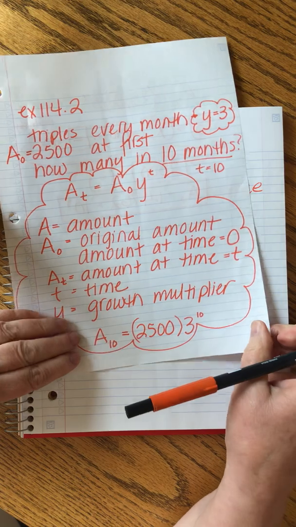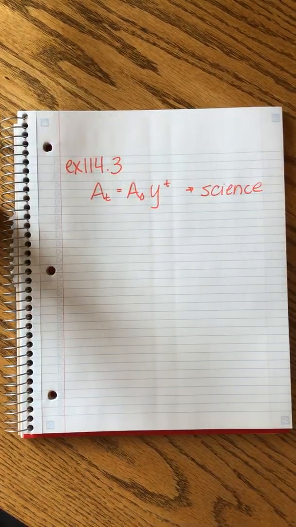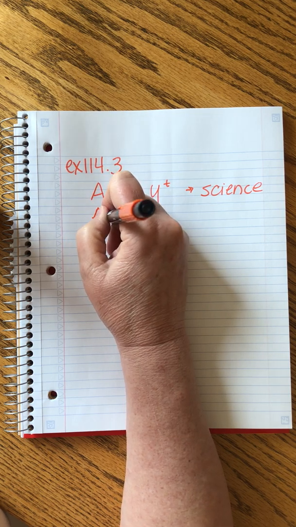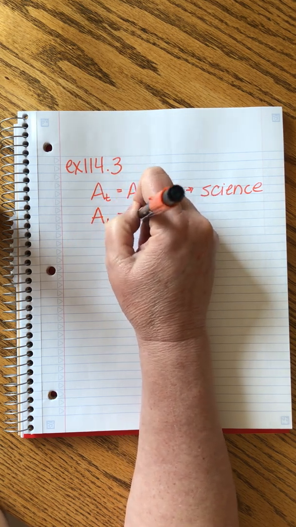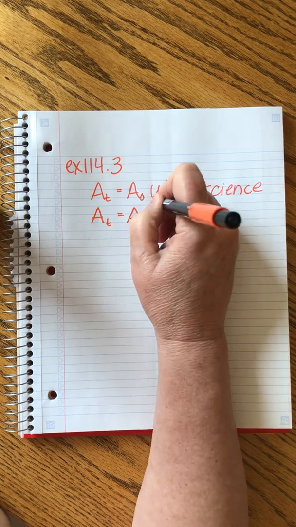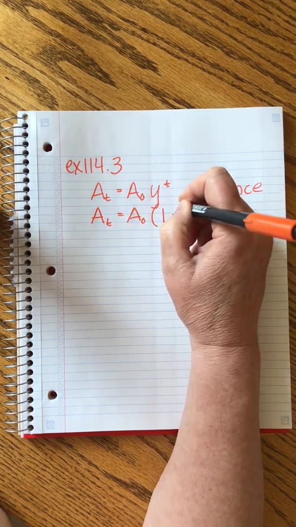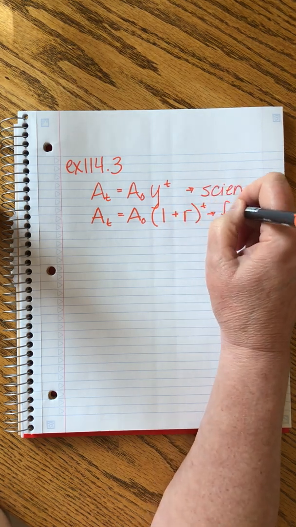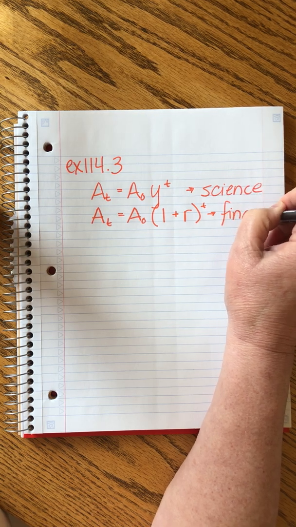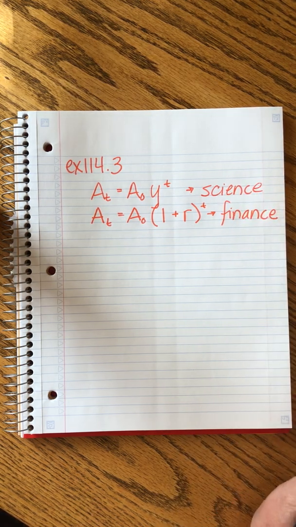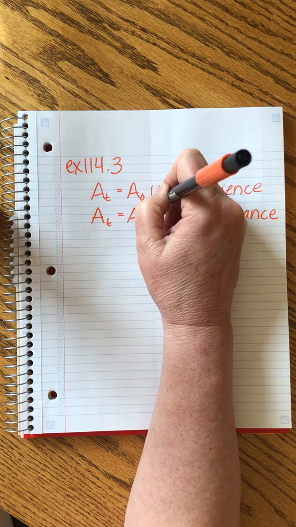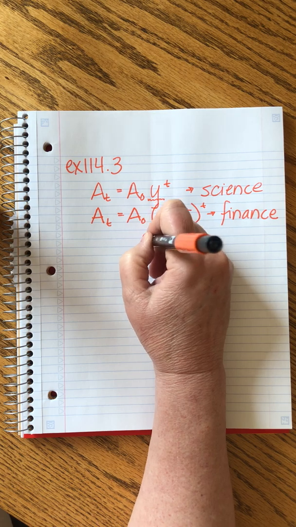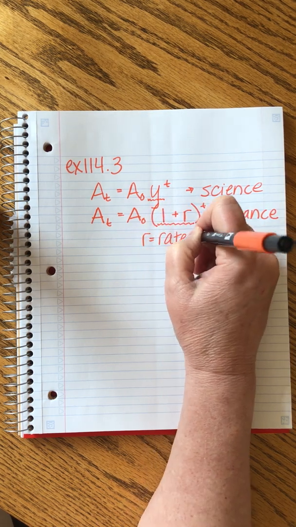I told you all this, so I'm not going to write them all again. In business, we adjust this ever so slightly. This stays the same. This stays the same. But this is what changes. This is the finance. And you'll see that the only thing that's different is that what we called the multiplier, we're now writing in a completely different way. R equals the rate of interest.